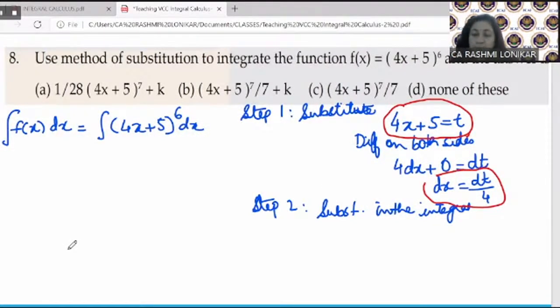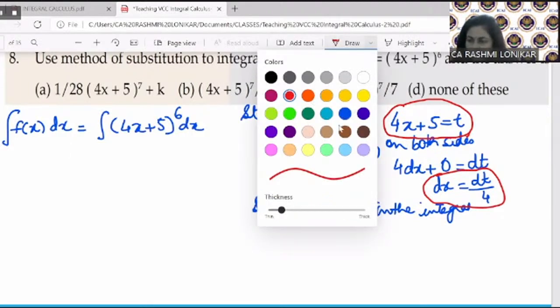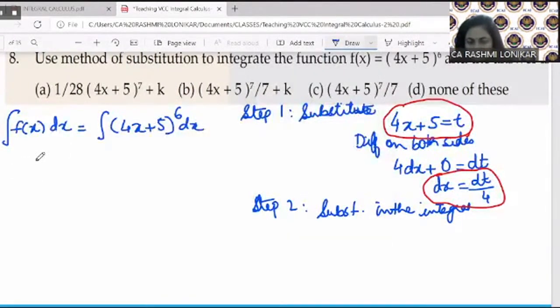These two I need to substitute. So this will become integral of, instead of 4x plus 5, what am I writing? T. So this has become t raised to 6.